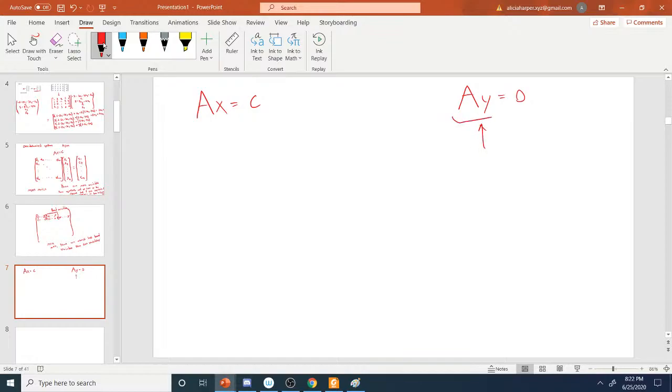And the set of solutions of this is the null space N of A.